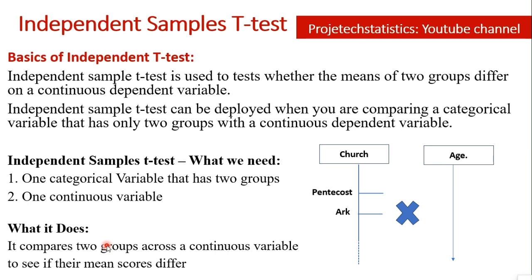These are important questions you need to ask, and the reason we are using independent sample t-test is because our categorical variable has only two groups, and we are comparing it against a continuous dependent variable. I have a video that teaches how to identify a categorical variable, a continuous variable, scale, and all that. So look for that video on our channel and watch it.